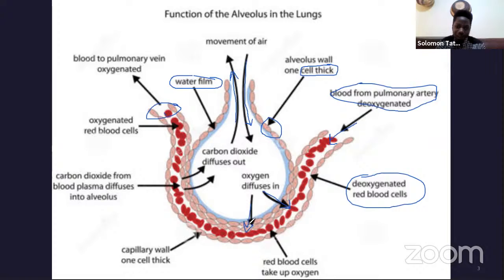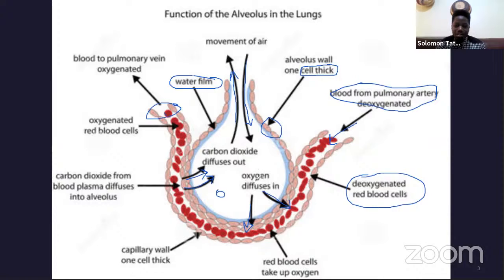Hemoglobin starts picking up oxygen around here. By the time the blood gets to this side, it is really, really oxygenated. But as well, there is a deficiency of carbon dioxide here. There is a deficiency of oxygen in the blood that is coming from the heart.